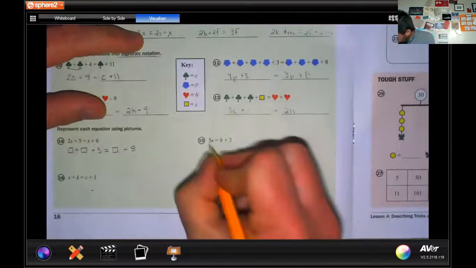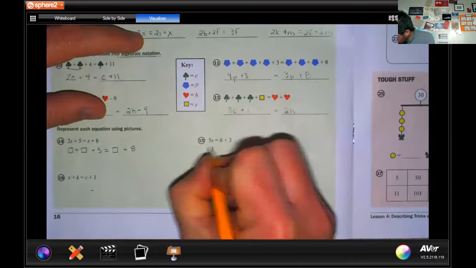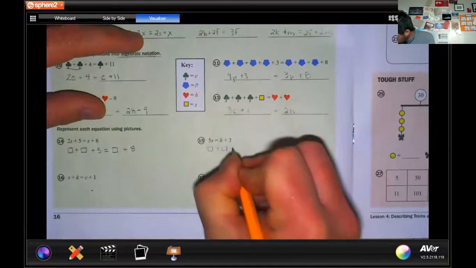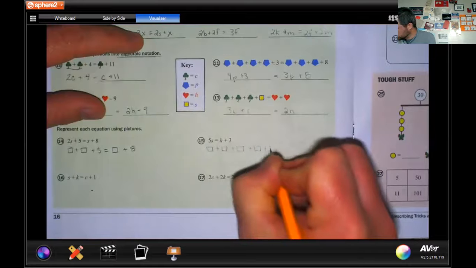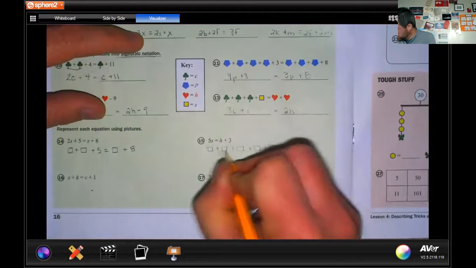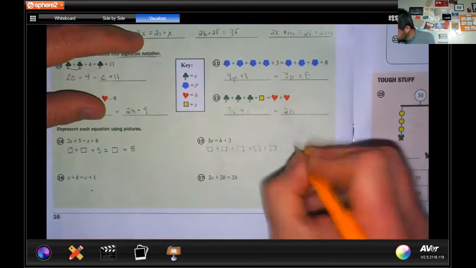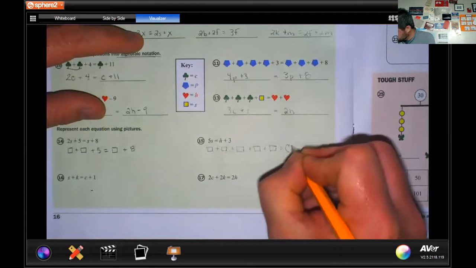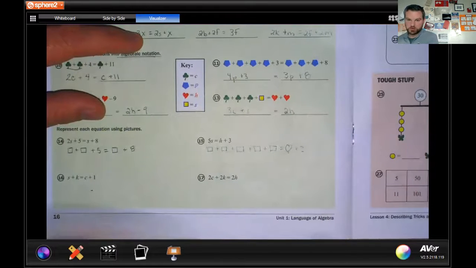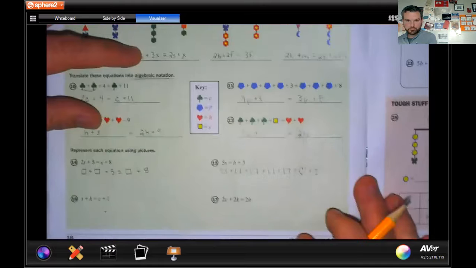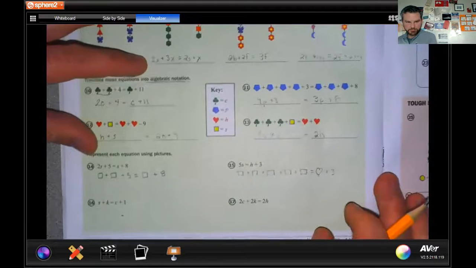Here we've got 5 s's. So square plus square plus square plus another square plus another square. So 1, 2, 3, 4, 5 equals h, which is a heart, plus 3. I'm sure your pictures look way better than what mine do.